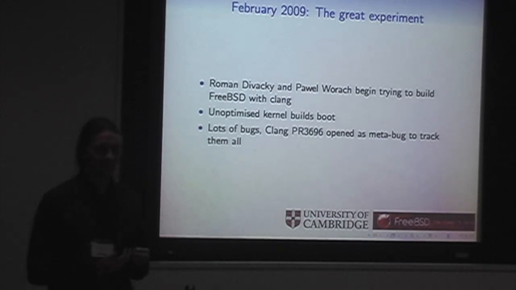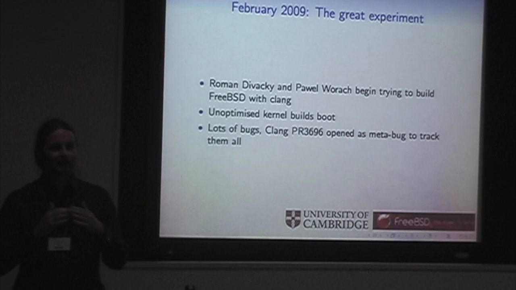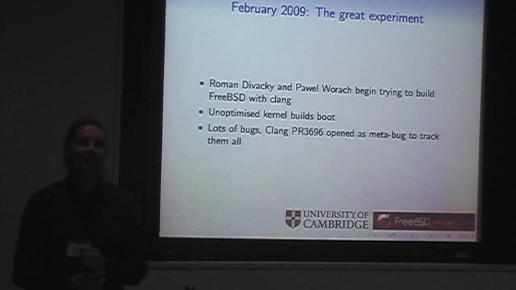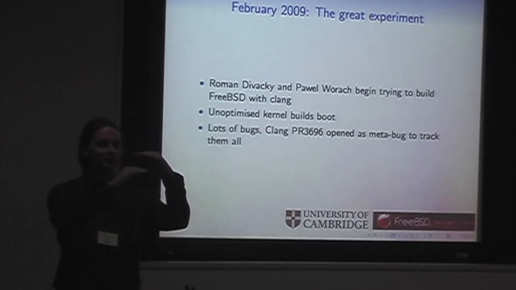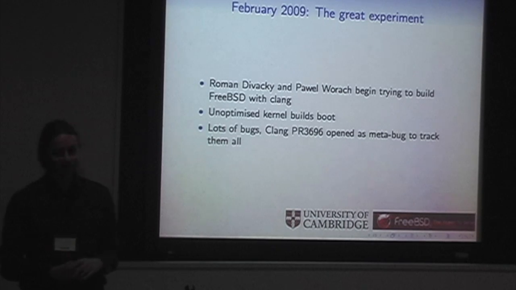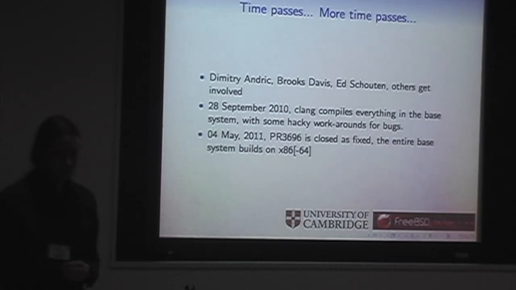So they opened a bug, which was a meta bug to track all of the other bugs that were blocking the FreeBSD build. And if you go and look for this bug, all of you people with laptops open now, you'll find that you have the little description of the bug and then the big list of all the other bugs that it depended on. And time passed and more time passed, and about 18 months later the bug was closed.